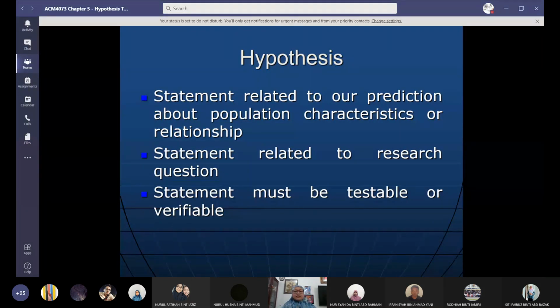Statement must be testable or verifiable. We can validate, we can quantify. We can quantify, meaning we can calculate. We can key into SPSS in numbers, which will allow you to test the differences.